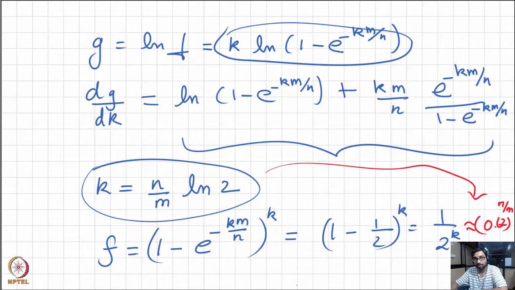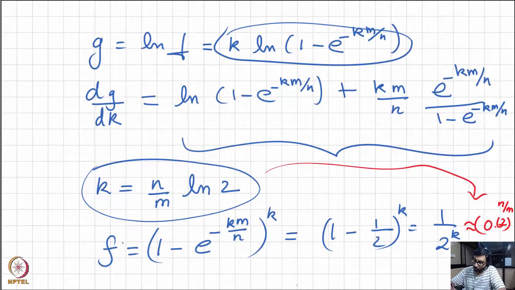N, recall, is the number of bits in the bit vector that we use to store the Bloom filter ADT, and m is the total number of user IDs that are in the set S. So the probability of false positives drops exponentially as this fraction n over m increases. So that's a very good sign here.